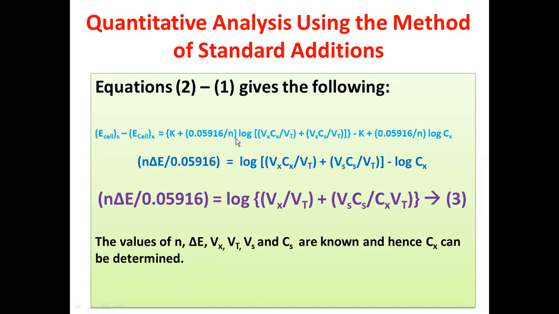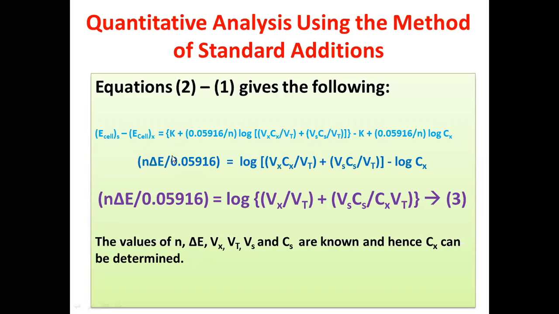So n will be shifted to the left hand side, and the difference between E cell of S and E cell of X will give you delta E, the change in EMF. Let us write it simply. So n into delta E, and 0.05916 I will shift to the denominator because it is present on the right hand side as a common factor.